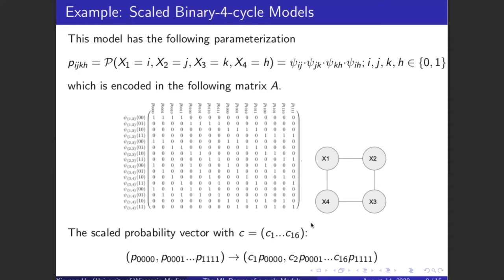We parameterize a probability p_ijkh using the function psi indexed by the values at ij, jk, kh, and ih. This parameterization is indicated in the matrix A. And we scale this probability vector with a vector c of length 16.